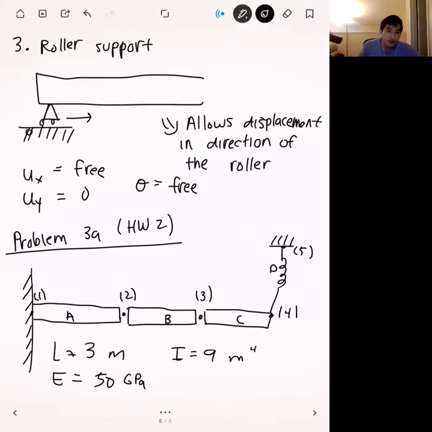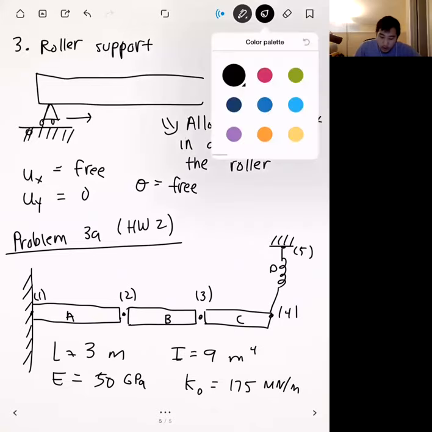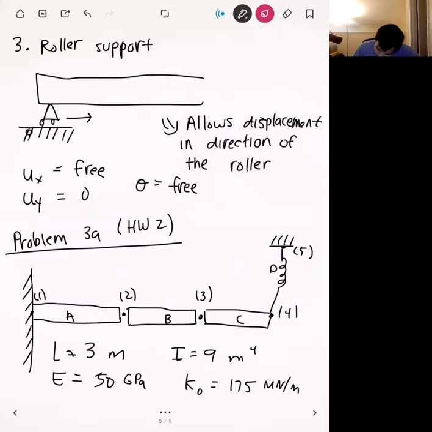And then KD, the spring constant for this spring, is 175 meganewtons per meter. We have a vertical load P, and this P is 350 kilonewtons.